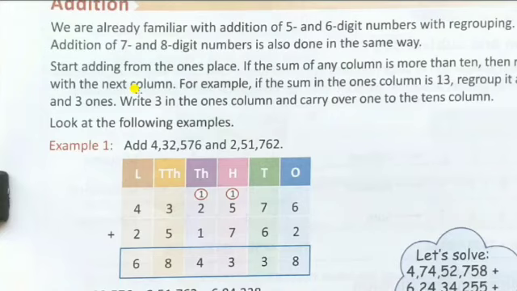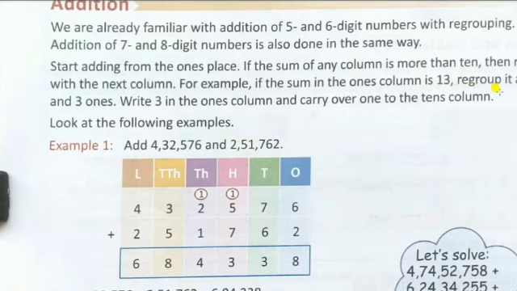Regrouping means that from the number that comes out as 10 or more, you have to define one digit and take the other digit as the remainder. So let us see one example here. For example, if the sum in the ones column is 13, again we will be regrouping.